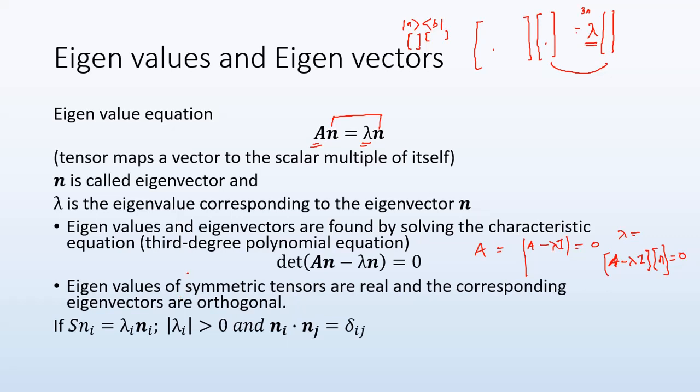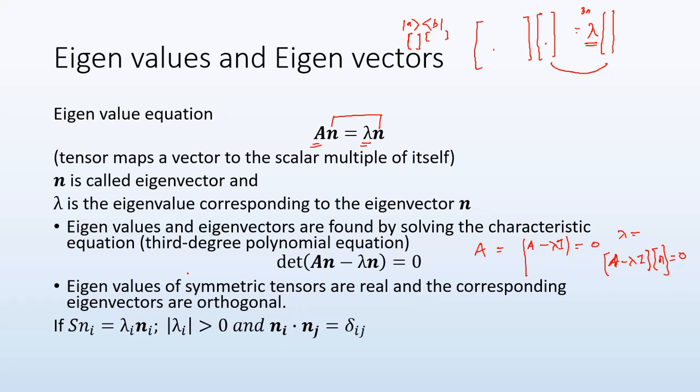I said that eigenvalues tell you whether a particular physical observable is actually an observable or not. If it gives you real eigenvalues, then it is a physical observable. Also, if it is not 0, then it is observable in that particular space.